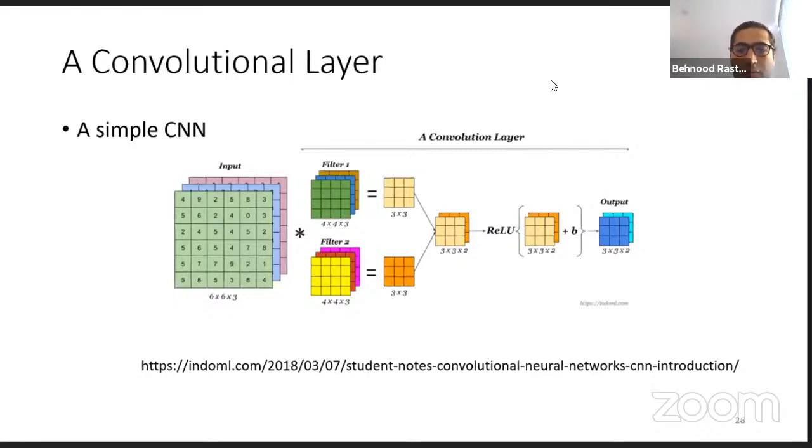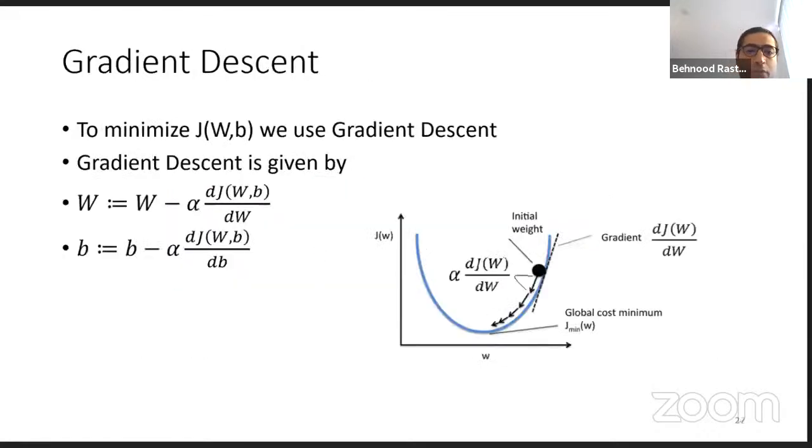There's no closed answer, so you need to use an algorithm to estimate these weights and biases. Gradient descent is one of the most effective ones for this.